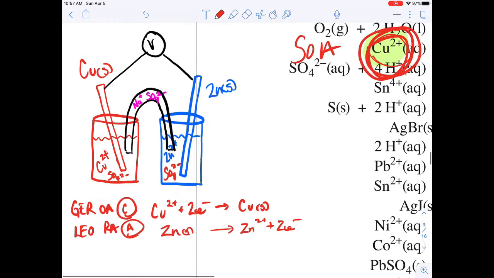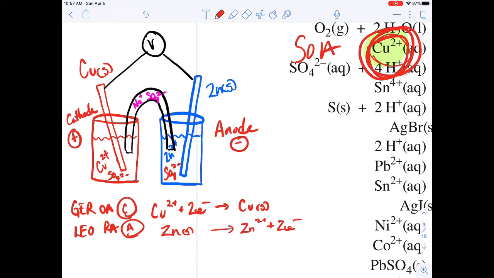The cell looks kind of like this. So I've written out the two half reactions, and my cathode is going to be my carbon, it's positive, and my anode is going to be my negative electrode where the zinc is. And you'll see that the electrons are traveling from the anode. That's where they're lost, right? And so the electrons are going to travel in the exterior circuit to the copper electrode.